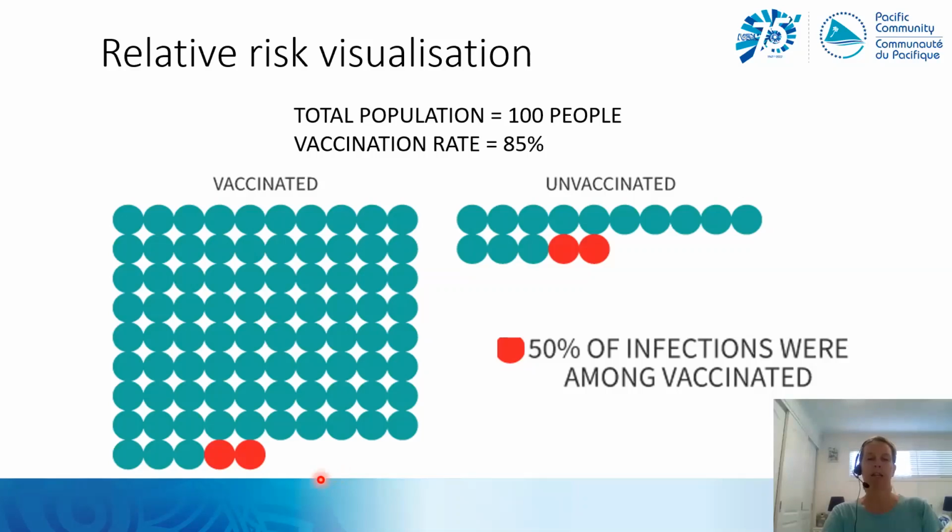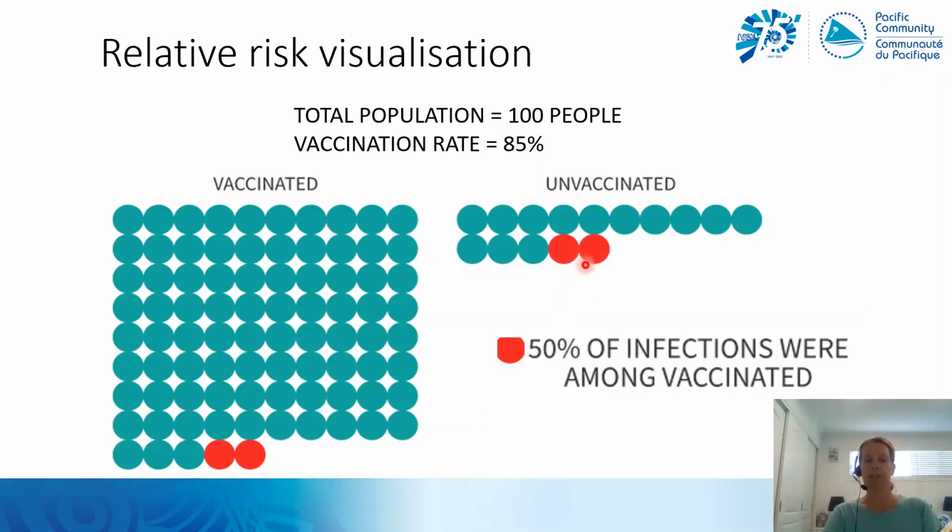But if we actually look at it in terms of its relative risk, so we said each dot here is a person, so we have 85 people in the vaccinated side and 15 in the unvaccinated side, given our vaccination rate of 85%. You can see we've got 2 red dots being those infected and 2 over here.